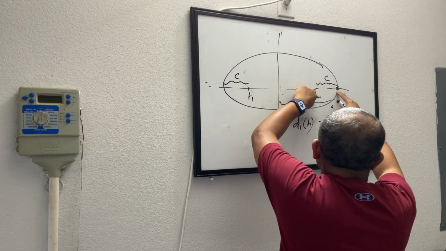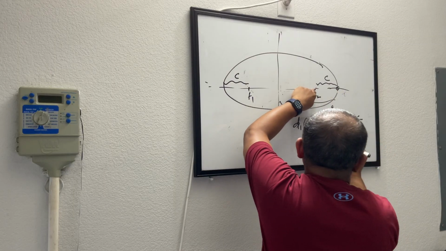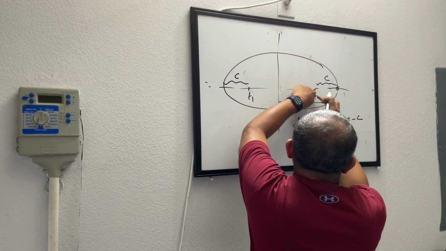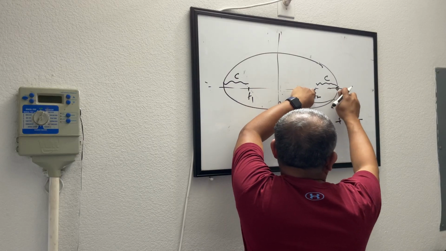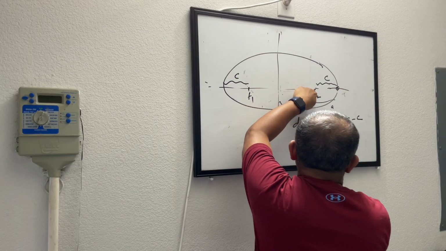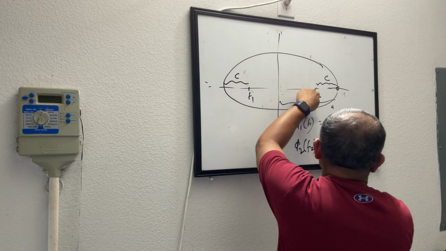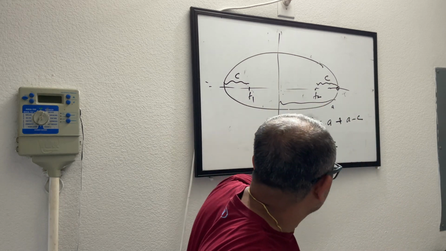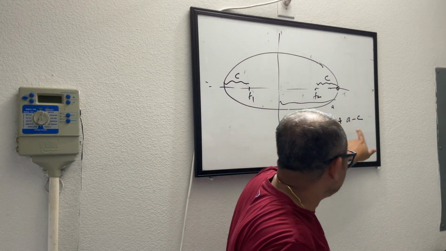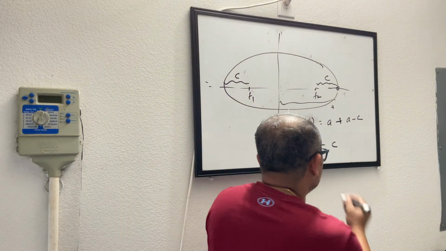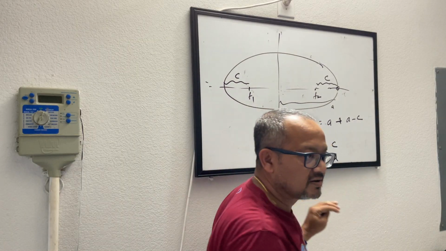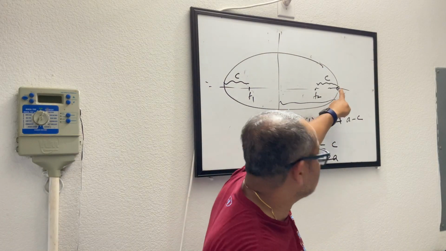Now from here, what is the distance? This is just C. So this D2 from the second focal point to this point is only this distance, which is C. When you add these two, what do you get? A plus A minus C plus C. That gives you 2A. So I just picked up the extreme point.